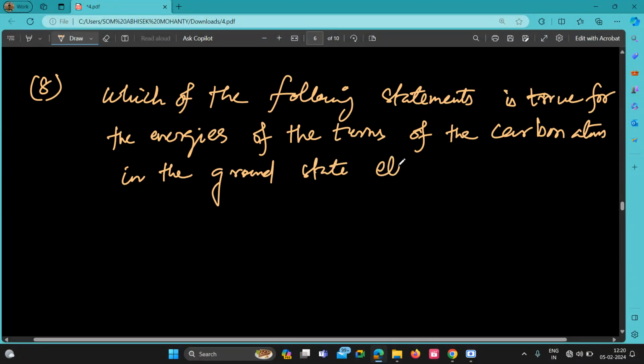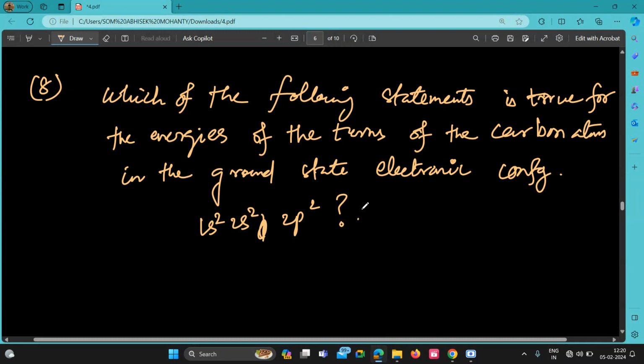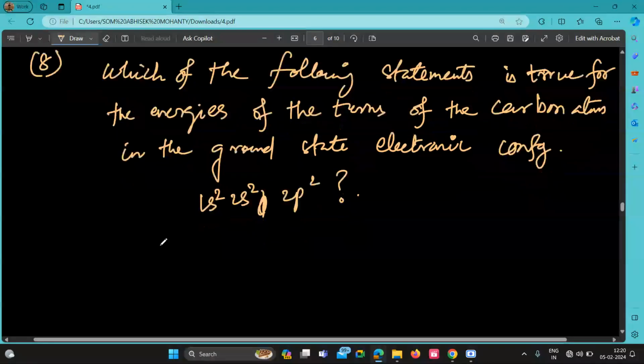The configuration is 1s2 2s2 2p2. What is the ground state electronic configuration for this?